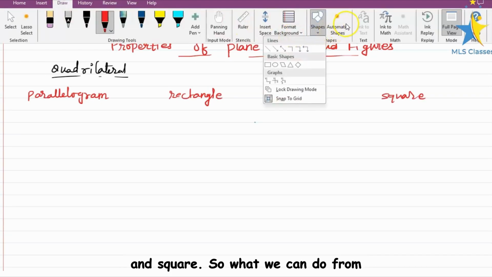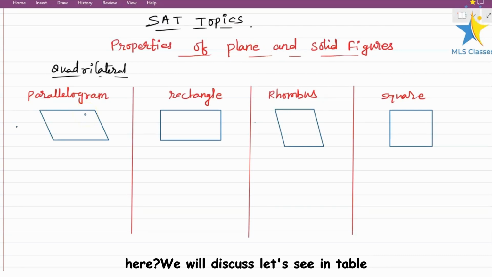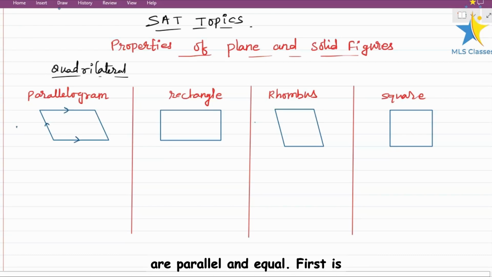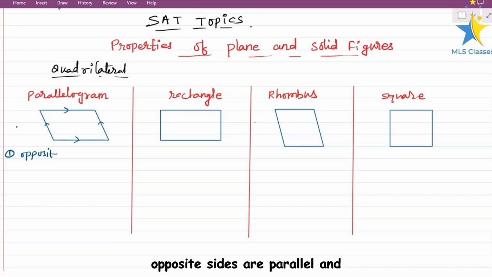We will discuss this in table form, where we will discuss the properties of all these four types of quadrilateral. Let's start with parallelogram. In a parallelogram, what we have to know first is that opposite sides are parallel and equal.